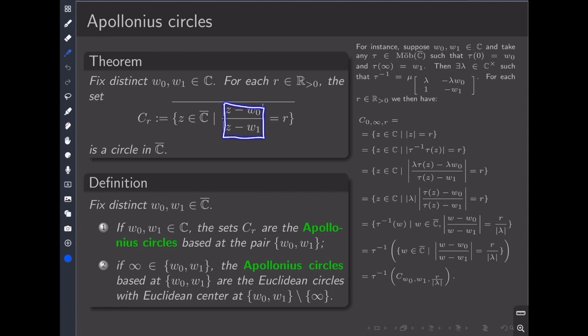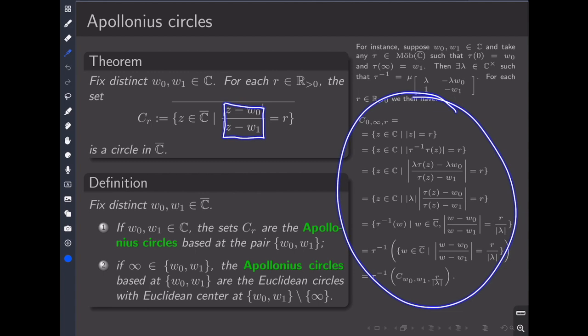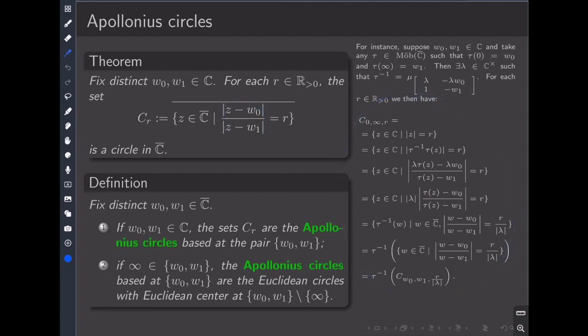So the rest is just unraveling that and seeing exactly, when you send one of the points to 0 and one to infinity, which circle centered at the origin corresponds to this. I switched the roles of R here, but anyway, you can just see the proof, and it's pretty much a routine exercise.